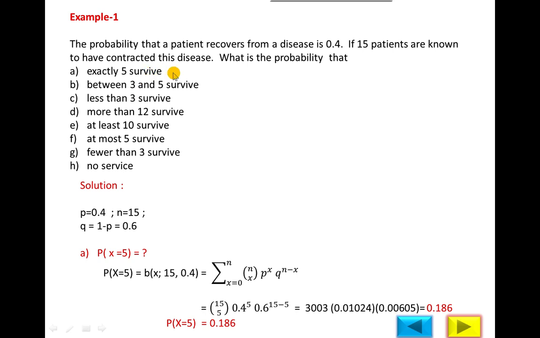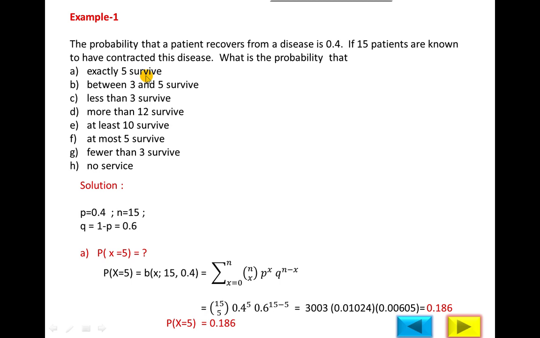First we will decide whether the outcome of the variable is a binomial variable or not. And you know that patient recovery is a success and the outcome may be survive or die, improve or not improve. The question is to find the probability of exactly 5 survive. The patient may survive or die.